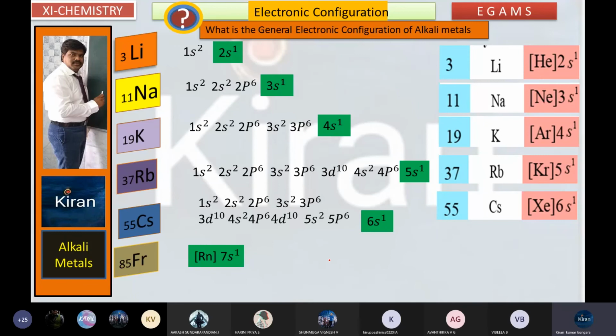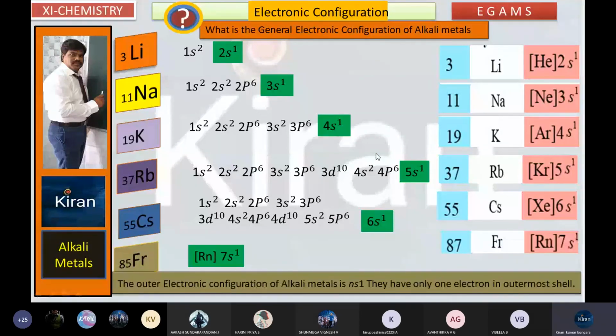That is the reason the general electronic configuration of alkali metals is ns1. N will change: 2s, 3s, 4s, 5s, 6s, 7s. The outer electronic configuration of alkali metals is ns1. They have only one electron in the outermost shell.